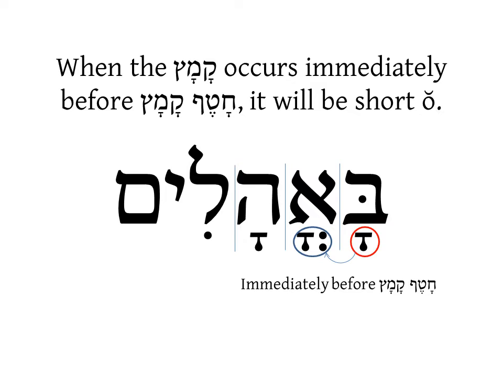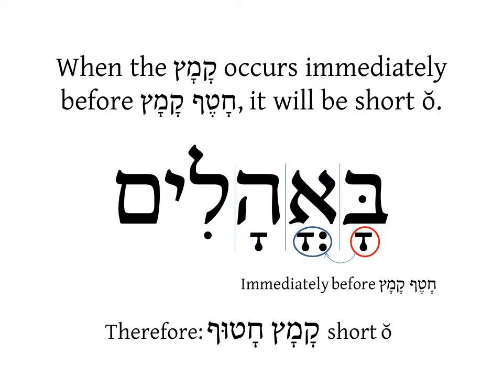There is a hatuf qamats. So from the aleph onward, the word is pronounced ohalim. So the qamats under the bait will be a short o. It will be qamats hatuf. Bo ohalim.